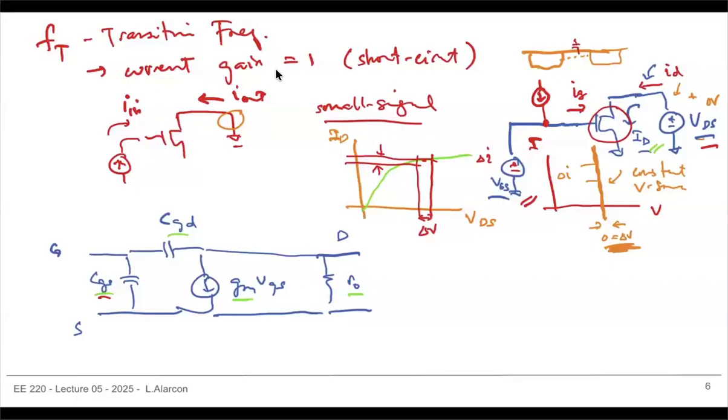So if you don't do anything, all your small signal current will just flow into the VGS voltage source, and none of that will flow into your transistor. But what we want is to maintain the DC voltage over here while you're putting in your small signal current.